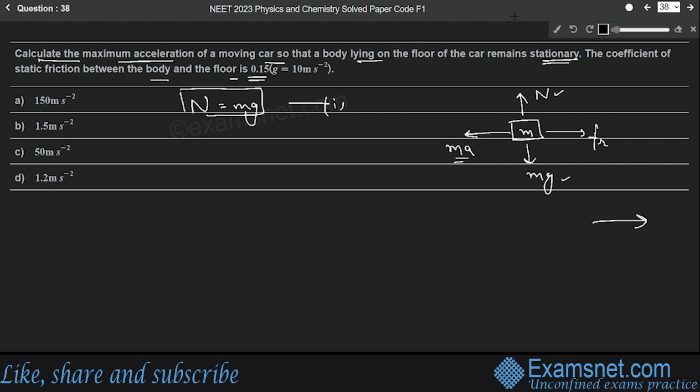Now, for the body to remain stationary, what is the condition? This frictional force and this ma, that is the pseudo force, must be balanced, so that the body does not move in either direction.